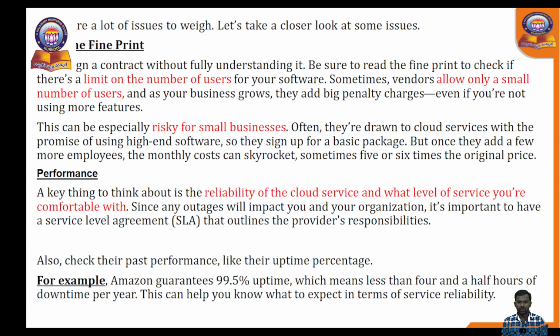Over 365 days, only 4.5 hours of your service will be down. For the rest of the duration, the service will be available. This helps you know what to expect in terms of service reliability. We should also check their past performance, like their uptime percentage.